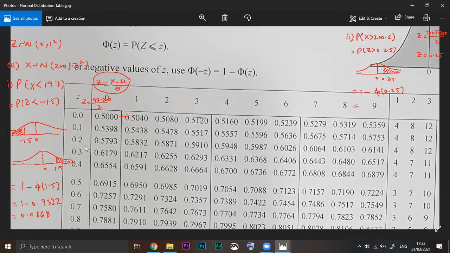Okay. Now we will locate 0.2 in the first column, yes, this one is 0.2, and 5 in the first row, and the number opposite to both is 0.5987.